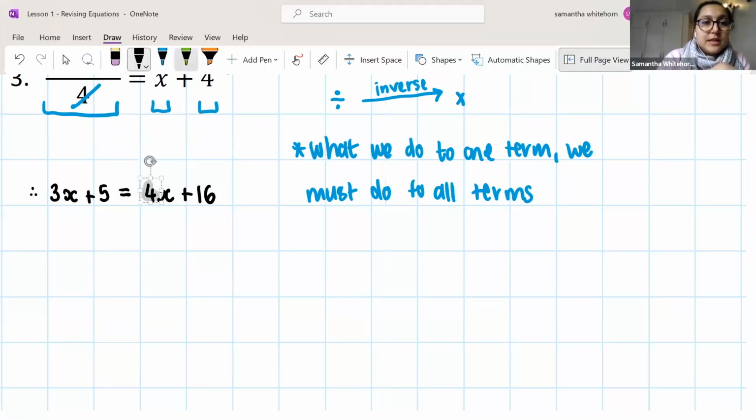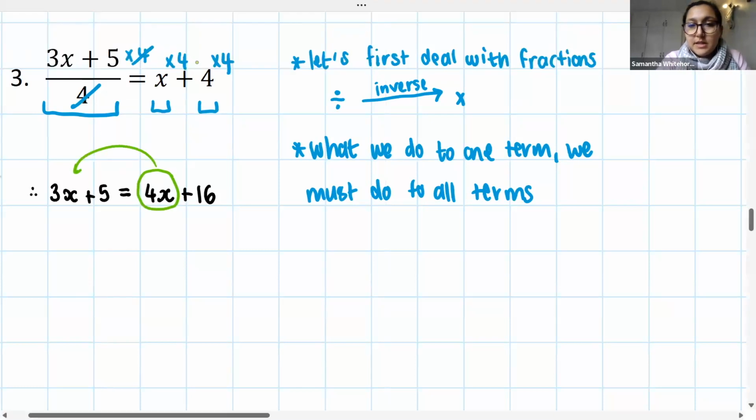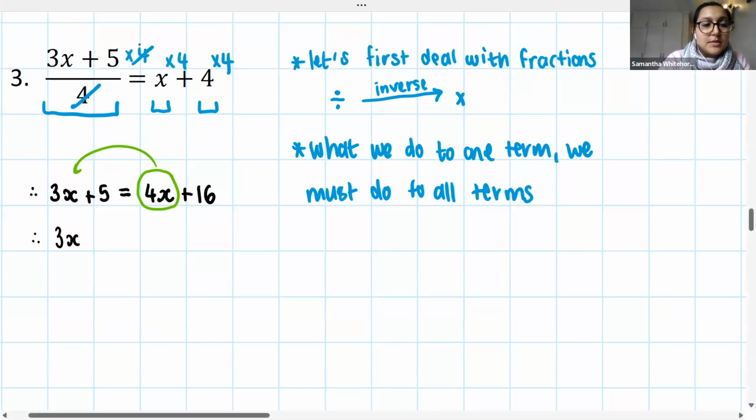So the very first thing that I'm going to do here is take this 4x and get it over to the left-hand side. X is on the left. What that means is I need to apply my inverse operations, and so it now becomes minus 4x. I still have the plus 5 there, and now it's equal to just 16 because I've moved the 4x.